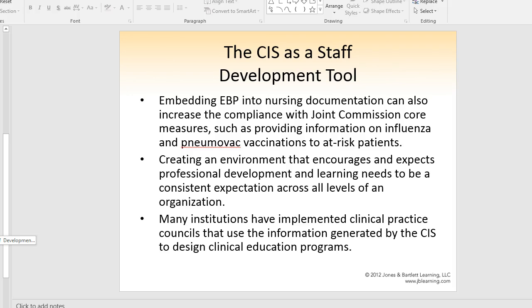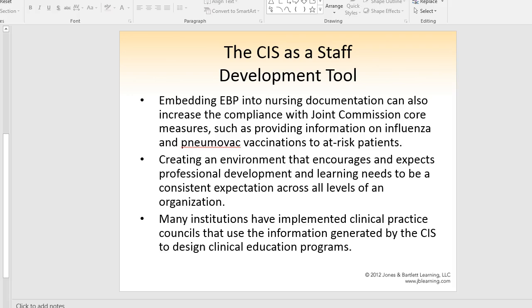When I worked in the ICU, everyone got a flu and pneumonia shot when they came in, whether they would get it in the outpatient setting or not, because it doesn't just protect them, it protects all the other staff and patients. And when we got into EMR, our numbers got better because we had that support, and we were hitting our Joint Commission core measure.